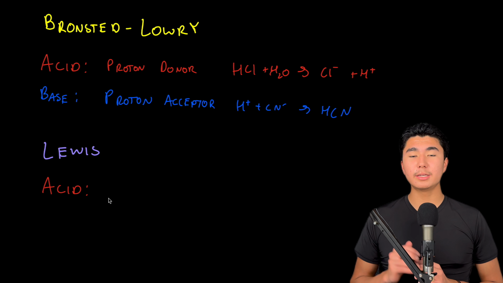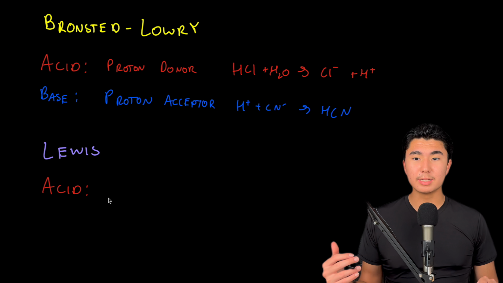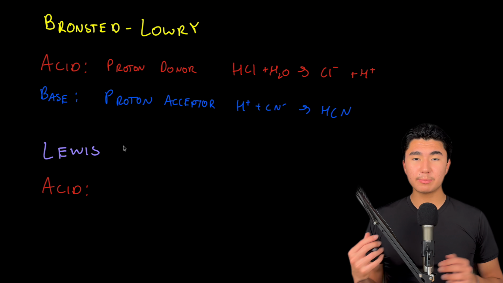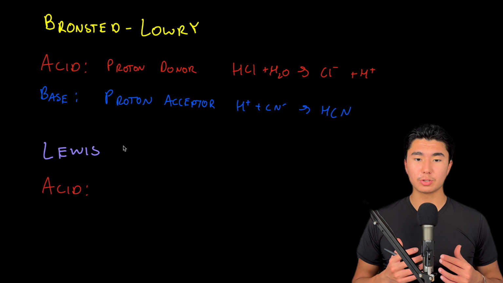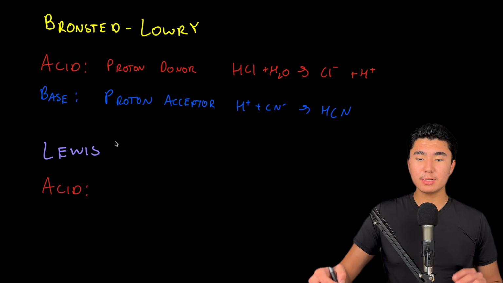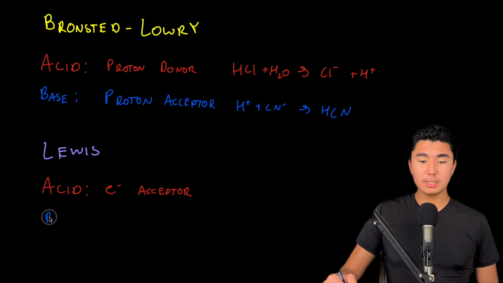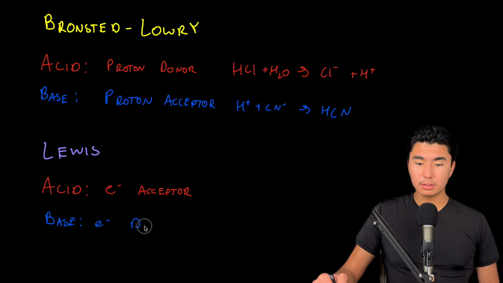Now let's talk about the Lewis definition of our acids and bases, and this really includes electrons. In our Lewis acid-base definition, a Lewis acid is an electron acceptor. And what makes a Lewis base is the exact opposite, so that would be an electron donor.